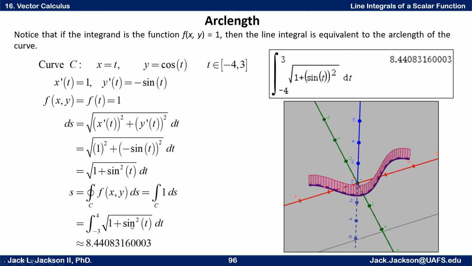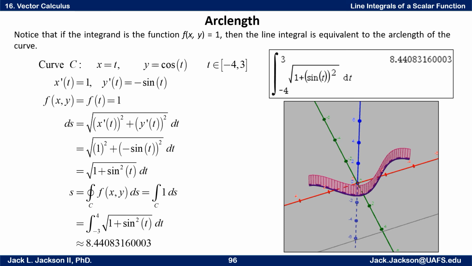So again, our ds is the square root of 1 plus sine squared of t dt. We're just integrating that from -3 to 4. Again, the calculator did not return an exact value, but it gave me a nice decimal approximation to many digits. So the area of that little fence of uniform height is about 8.44, which is equivalent to that arc length.